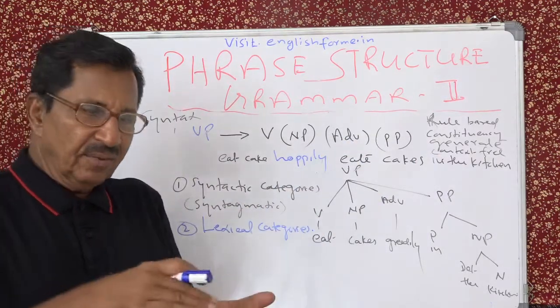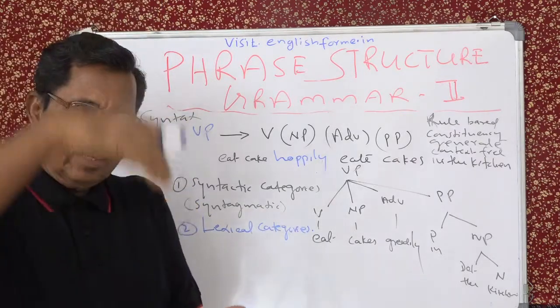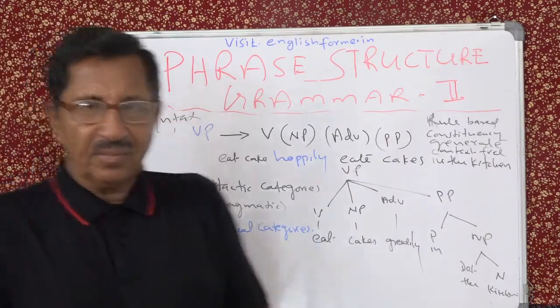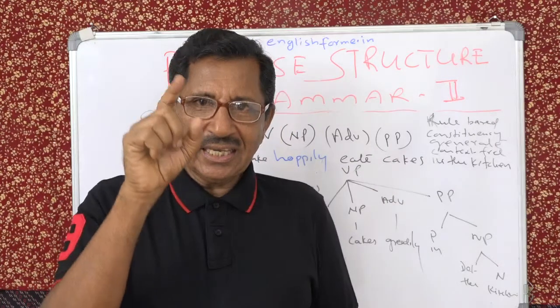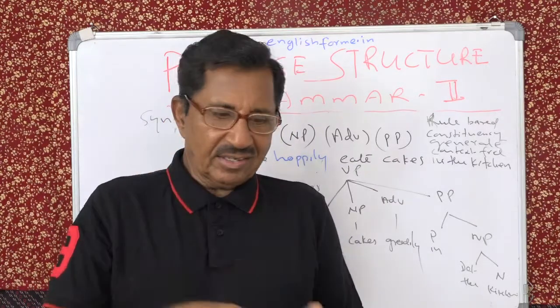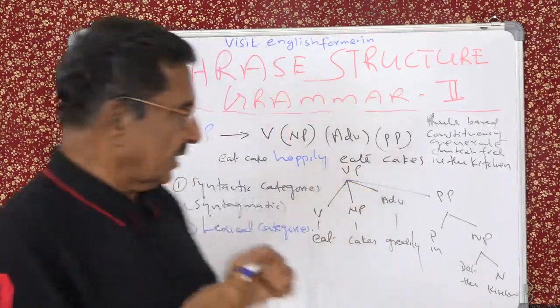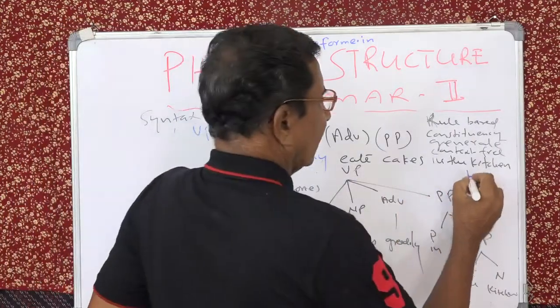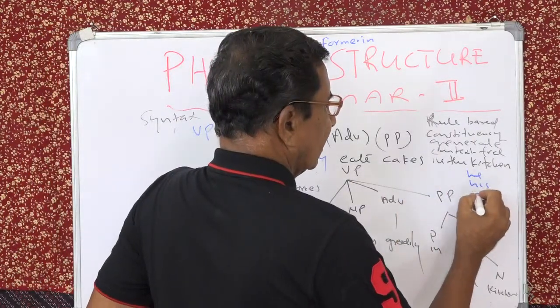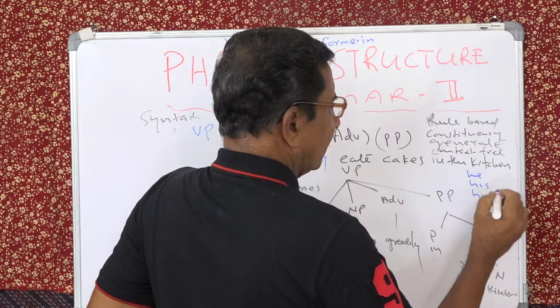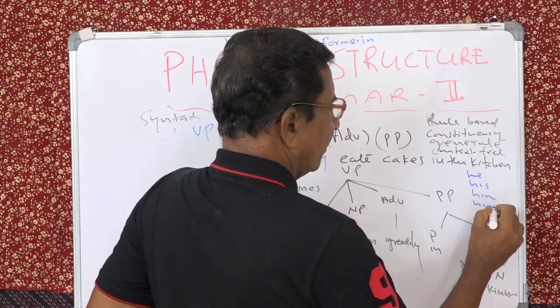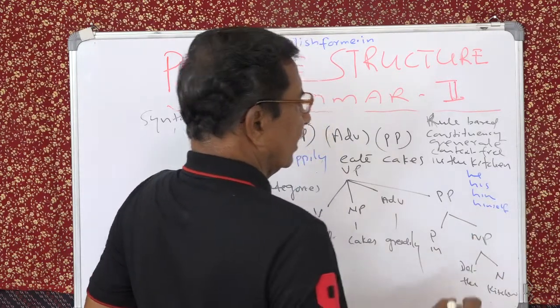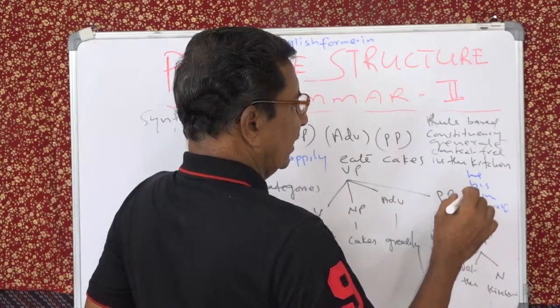The other one is vertical. For example, we write he, his, him, himself.